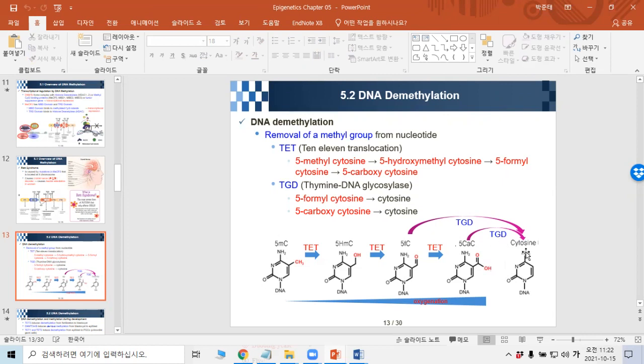So finally they will make the cytosine like this. So this is the detailed mechanism of DNA demethylation. TET and TDG are involved in this step. The most important things in chapter 5 are the bisulfite sequencing and also the DNA demethylation procedure. Very important.